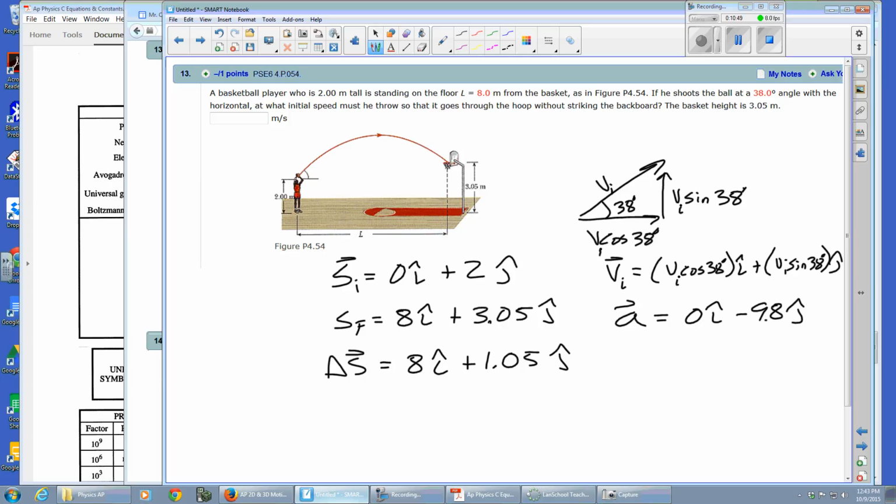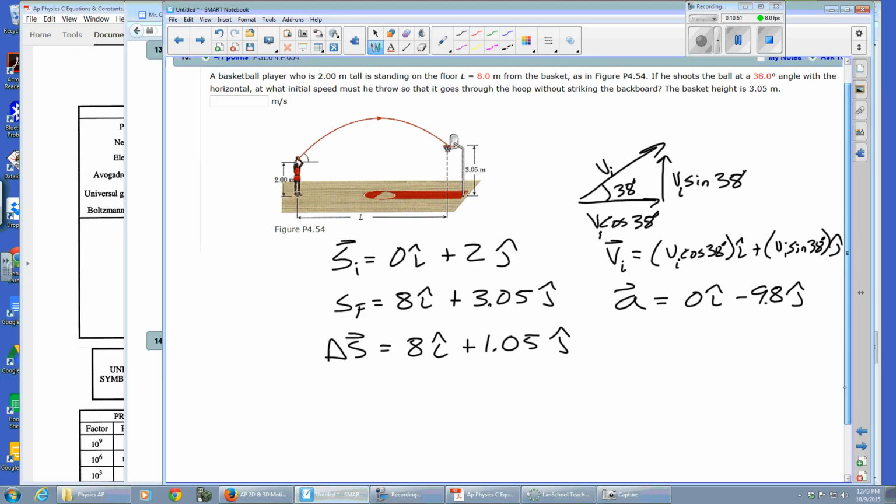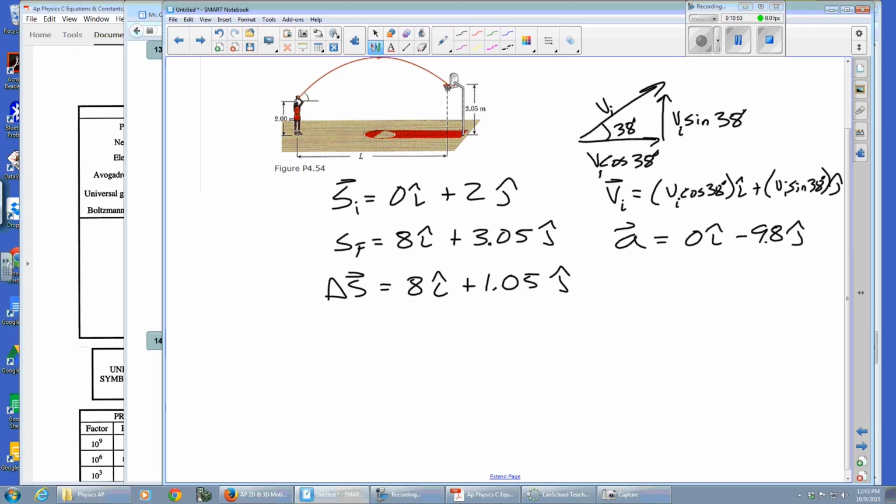So all this being said, I know that horizontally and vertically it has to be at the same place at the same time, right? And since I have a constant acceleration, I can use my equations of constant motion, right?